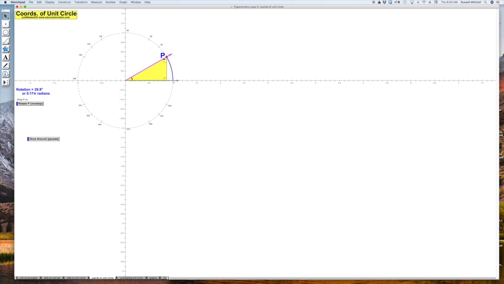So this would be pi over 6, 2 pi over 6, but nobody's ever going to say 2 pi over 6 because 2 pi over 6 reduces, okay? 3 pi over 6, 4 pi over 6, 5 pi over 6, 6 pi over 6, 7 pi over 6, 8 pi over 6, 9 pi over 6, 10 pi over 6, no, I'm sorry, 11 pi over 6, and then 12 pi over 6, okay?